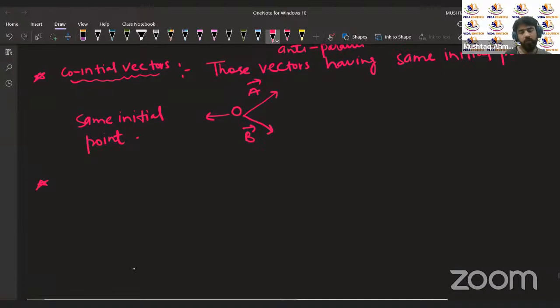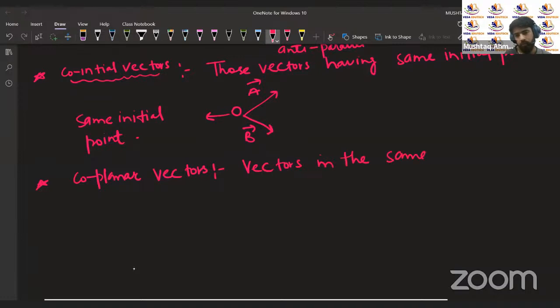Another type of vector, another definition, is what we call coplanar vectors. Coplanar vectors are vectors in the same plane.